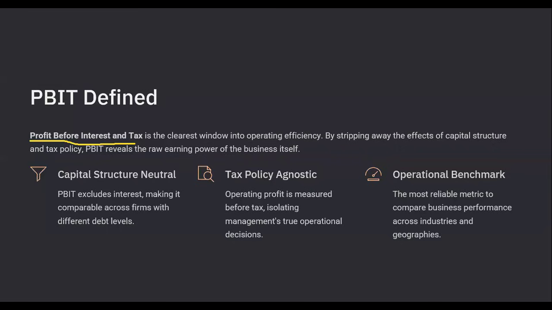So, any doubt in the meaning of PBIT? I guess there is no doubt.